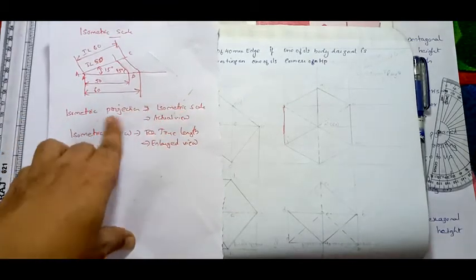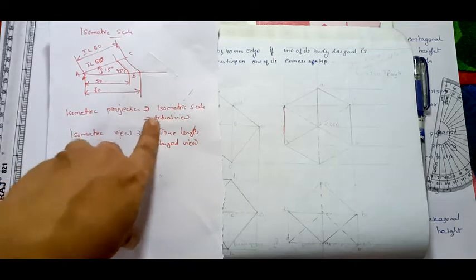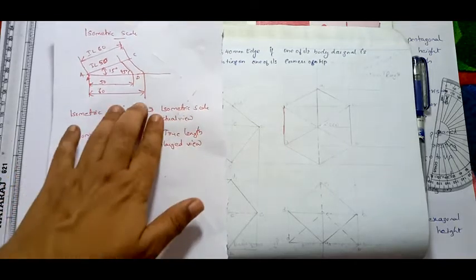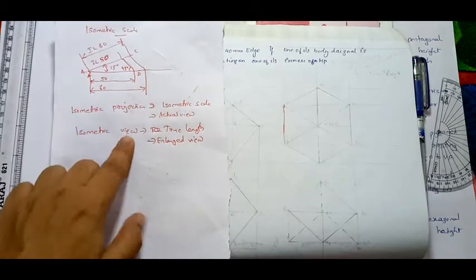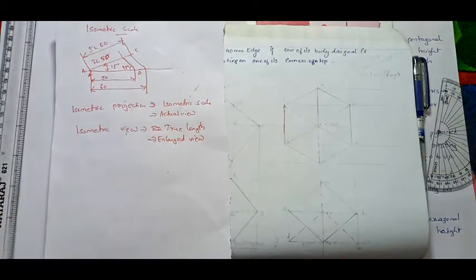Don't get confused. But because of the difficulty of drawing, we draw using true length, which is called isometric view or enlarged view. So a question can be asked in two ways: isometric projection or isometric view. For isometric projection, for every distance you have to find the corresponding scale and draw it. For isometric view, you can take the true length itself. That is the difference. The procedure is the same.